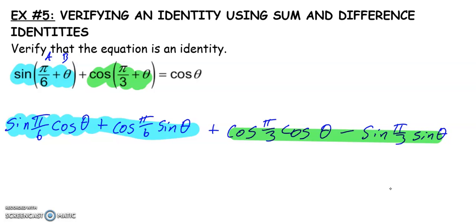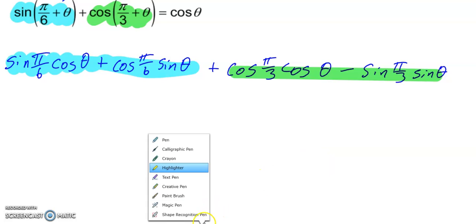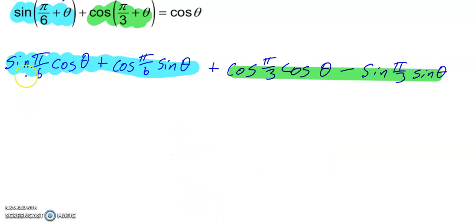All right, so everything with a pi can become a value. Pi over 6, the first line, so the sine of pi over 6 is 1/2 times cosine theta, plus the cosine of pi over 6 is radical 3 over 2.